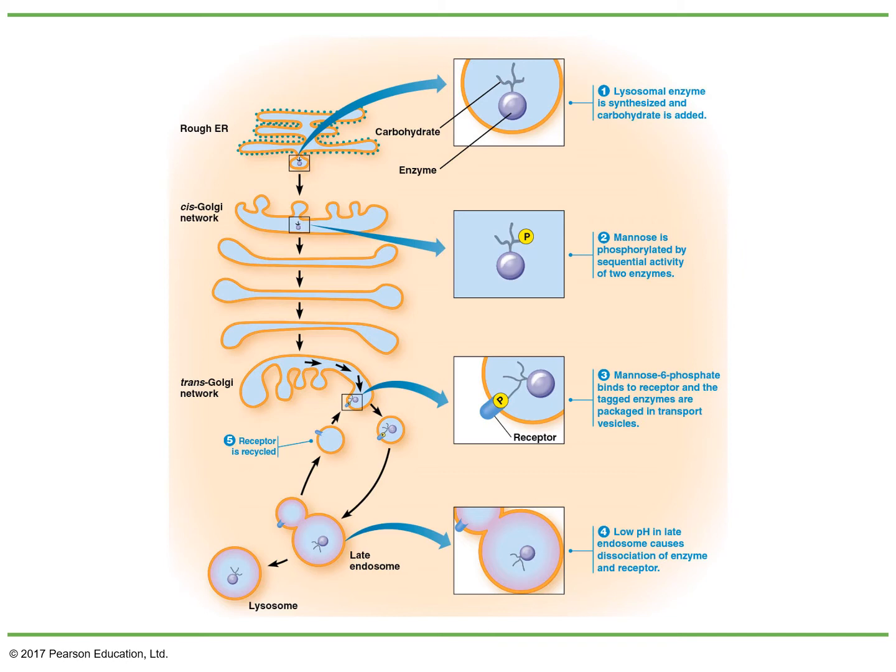In step number 4, the acidity of the late endosomal lumen causes the enzymes to dissociate from their receptors, so that finally in step 5, the receptors are recycled in the vesicles that return to the TGN. Note that the late endosome either matures to form a lysosome or it will transfer its contents to an active lysosome.